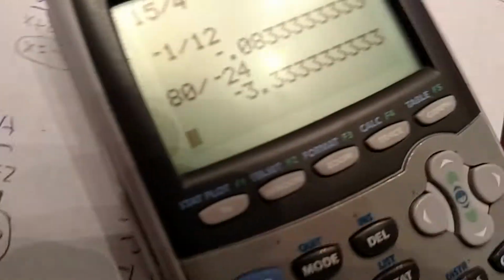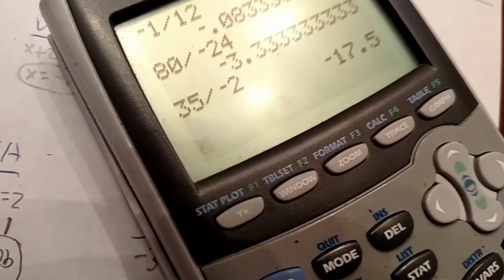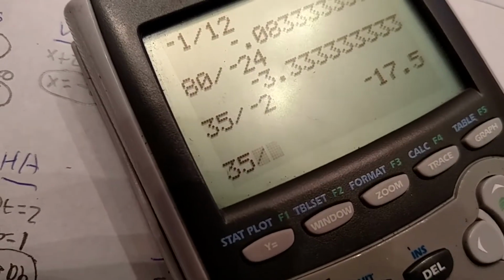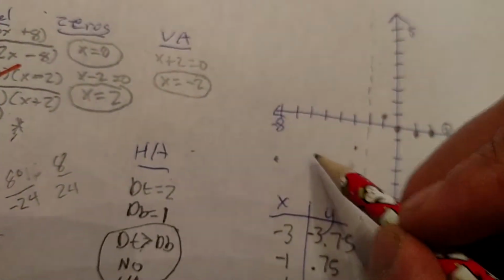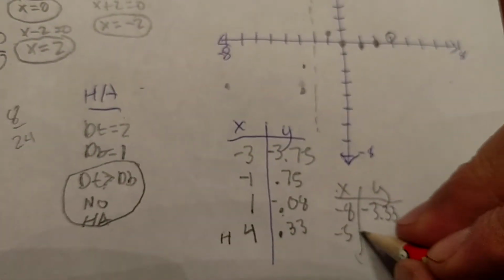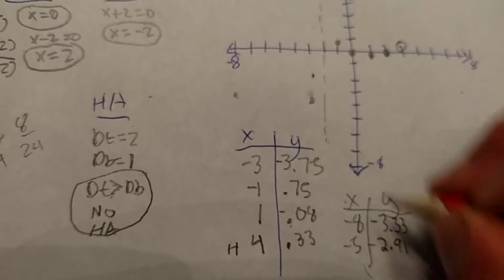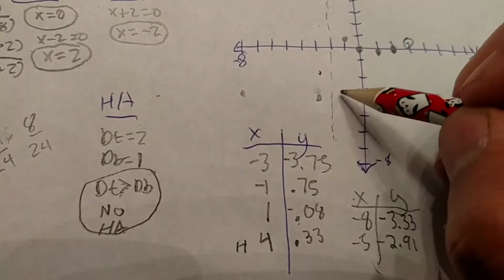Let's see what we get there. 35 divided by -12, that's -2.91. So it goes up barely.